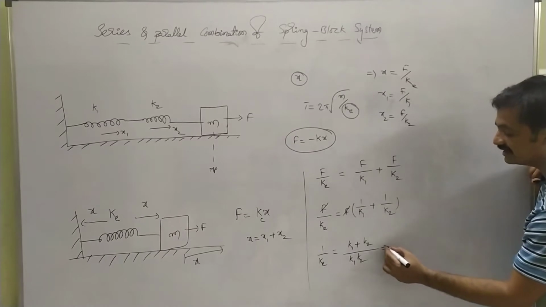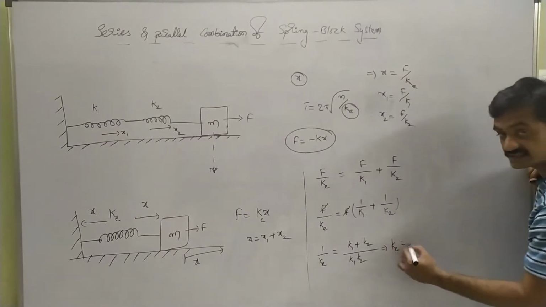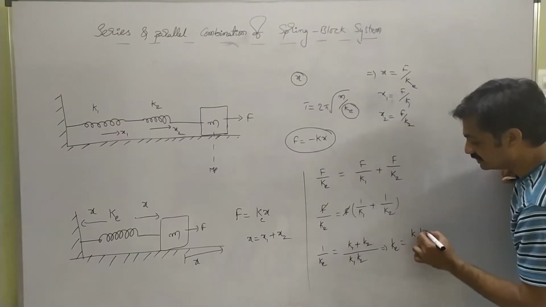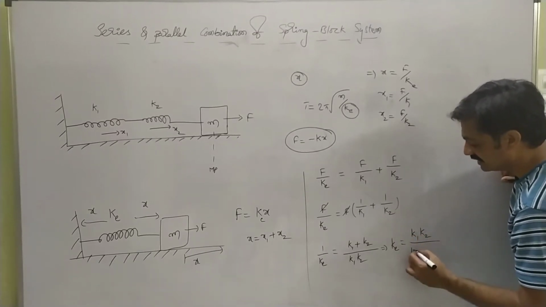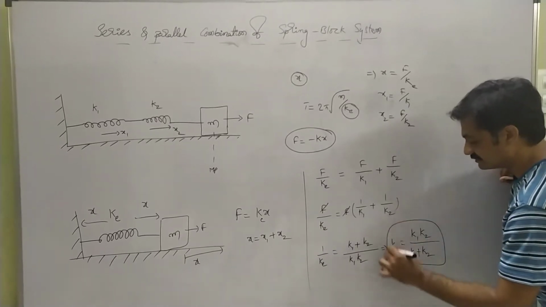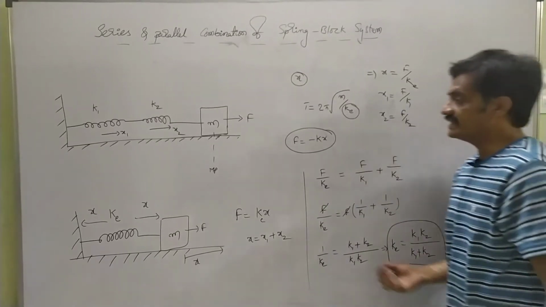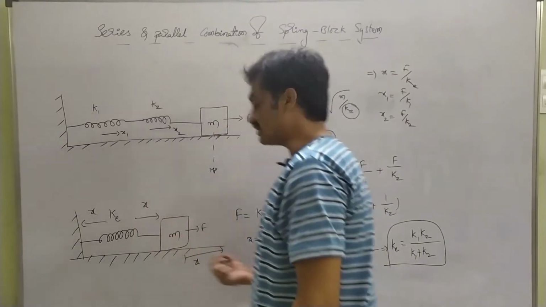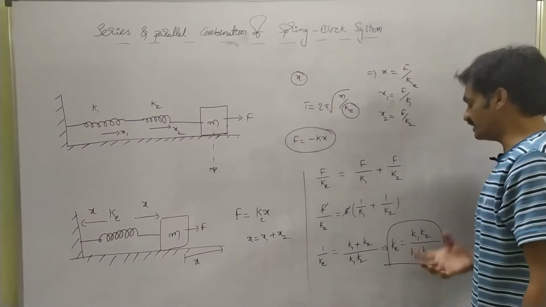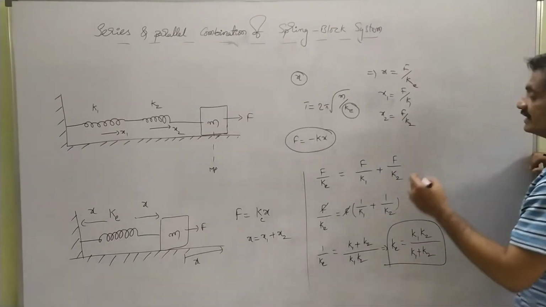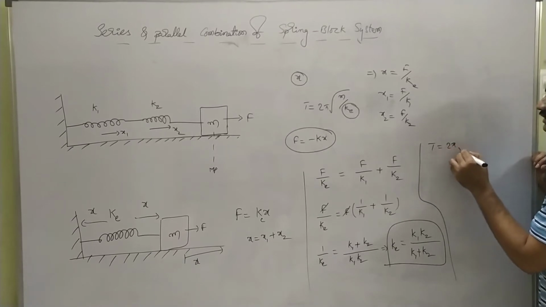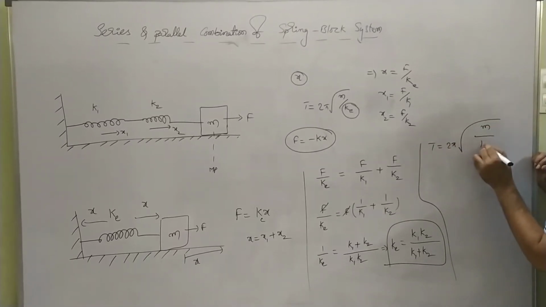From this, equivalent spring constant k suffix e can be given as k1 into k2 by k1 plus k2. So, in the case of series, the equivalent spring constant is given as k suffix e equals k1 into k2 by k1 plus k2. Then, time period can be given as T equals 2 pi into under root of m by k suffix e.